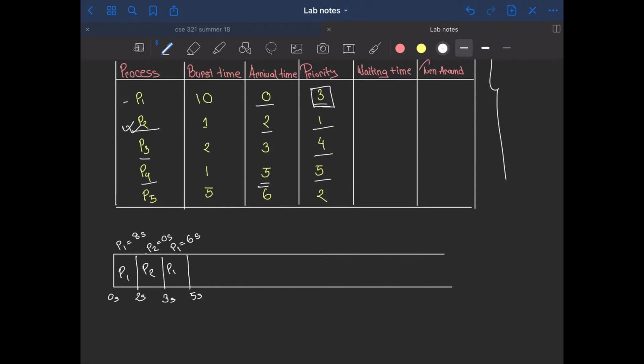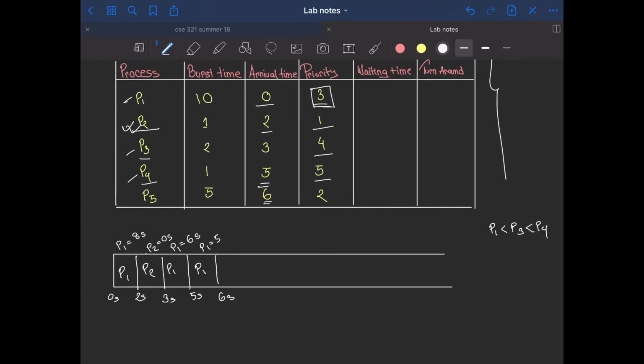Now among P1, P3 and P4, we have P1 with the lowest value, then P3, then P4. So P1 would be able to continue for 1 more second. So at the 6th second, P1 would have 5 remaining.